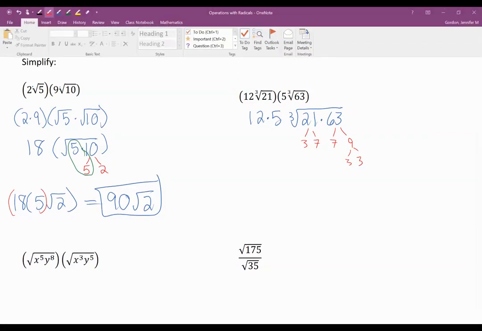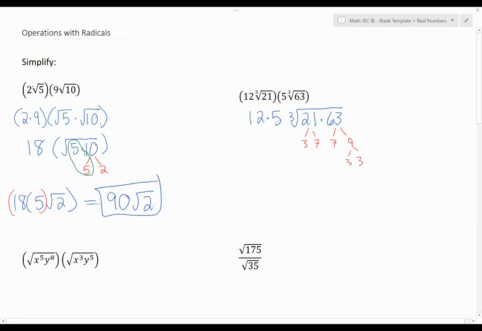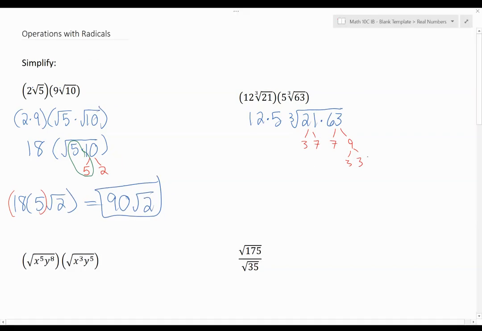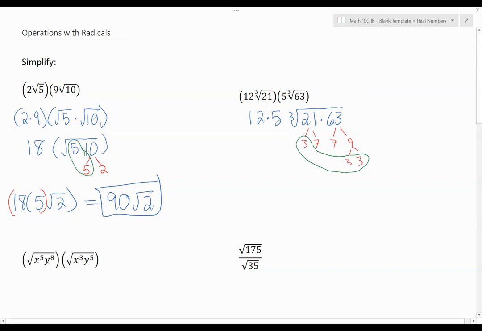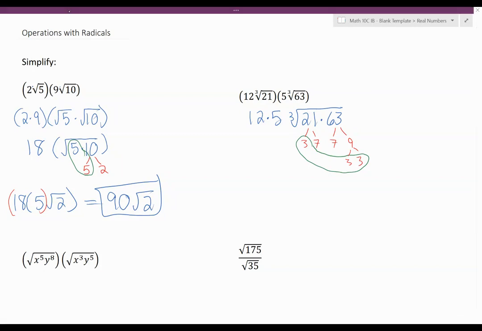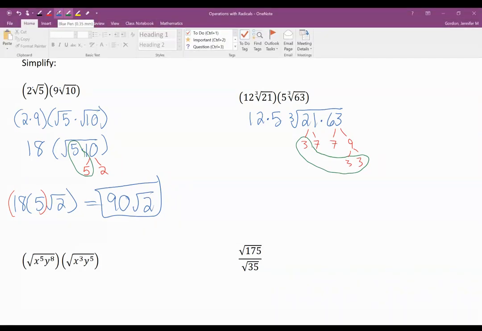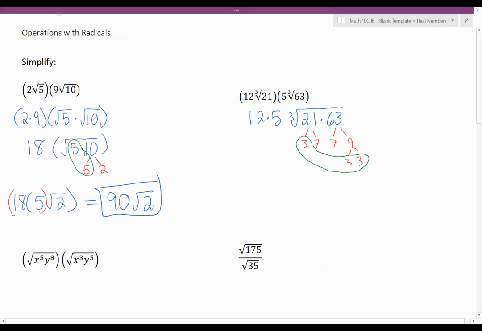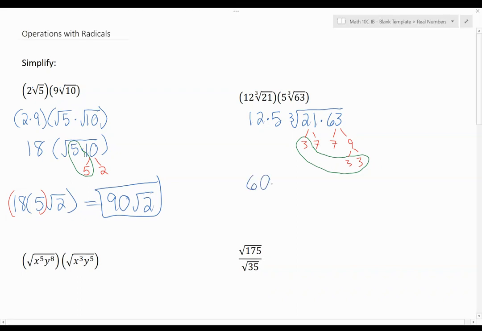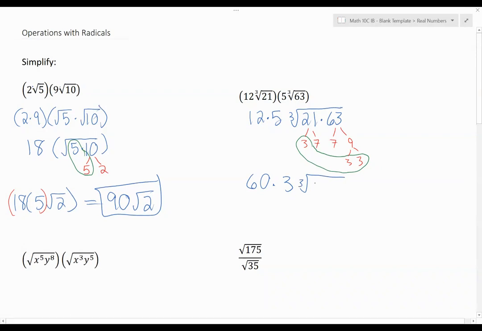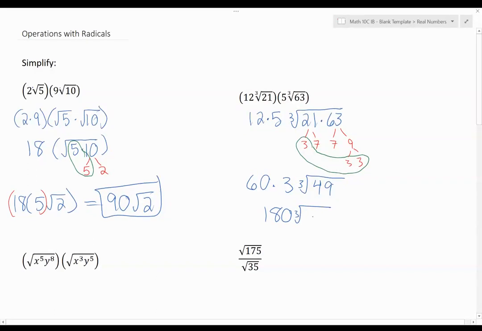So in terms of cubic, because remember we're dealing with cubes here, I want groups of 3 similar factors. So I do have 3 threes, which means that I can simplify this. Now the 12 times 5 is 60, and I'm now going to have a 3 out here. And then inside, cubed root of 7 times 7, which is 49. So I have 180 times the cubed root of 49.